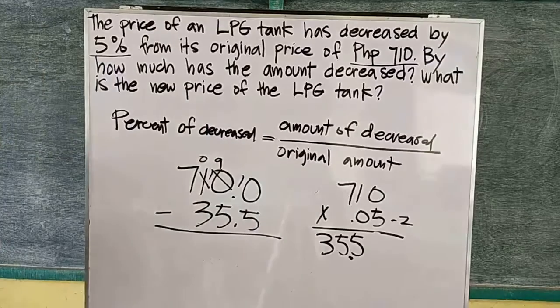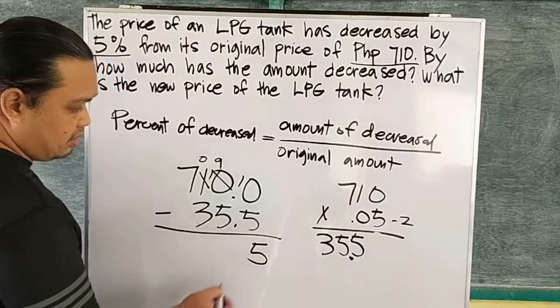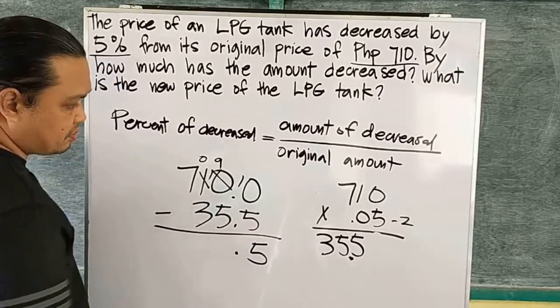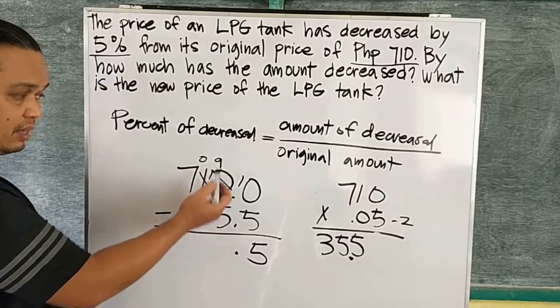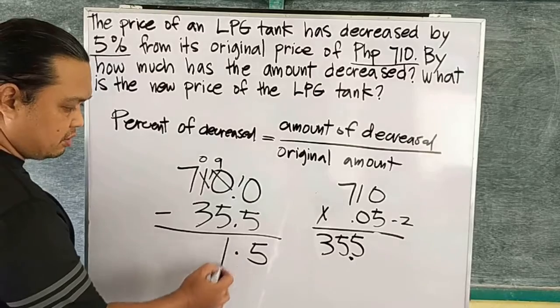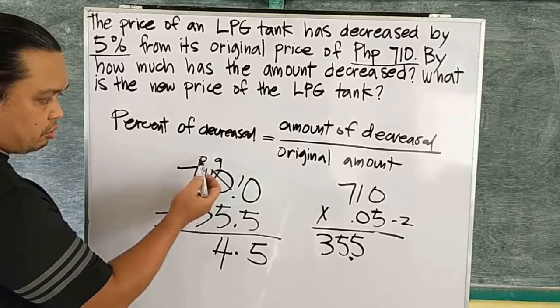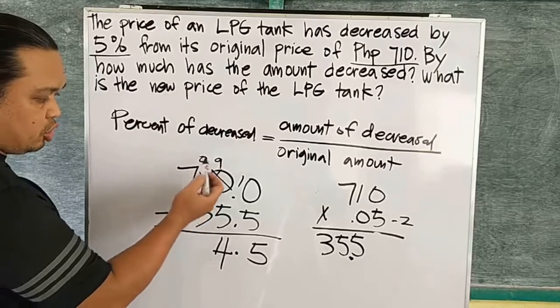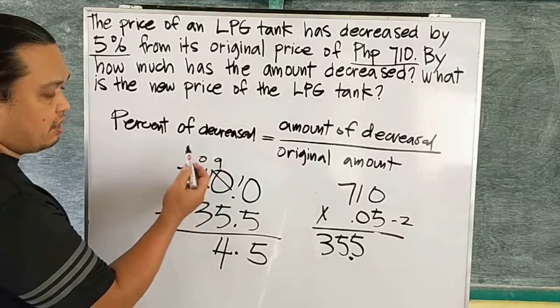So we have 10. Now 10 minus 5, that's 5. Decimal point. This is no longer 10 but 9 because we borrowed 1 from it. So 9 minus 5, that's 4. And now this one is 0 because we borrowed 1 from it. Now 0 minus 3 cannot be, so 0 must borrow 1 from 7.